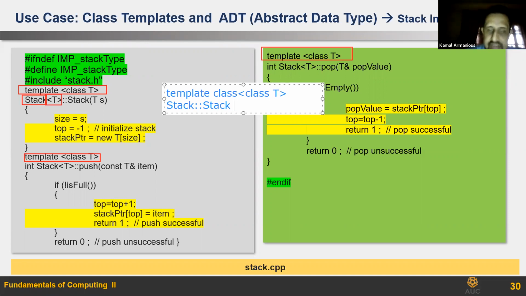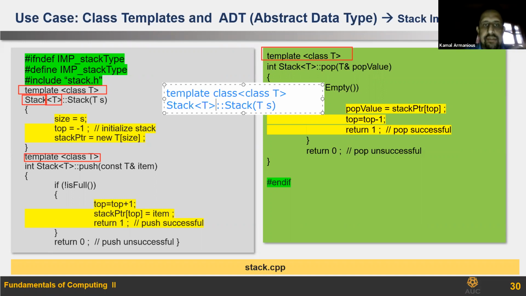And then stack, and then the name of the constructor, and T. So you're putting T here, and after stack you're putting the T. And now from the main I will show you how to replace this T with the suitable data type.